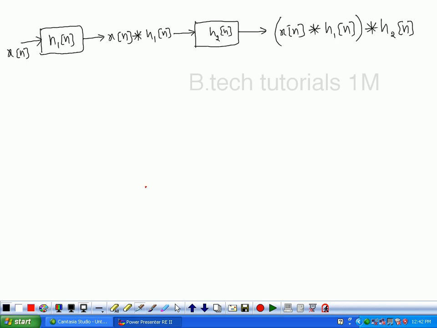What this indicates? Can I write this as x of n convolution with h1 of n? The convolution is a linear operation. Can I write in this way?